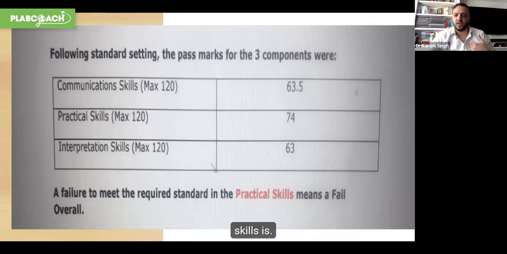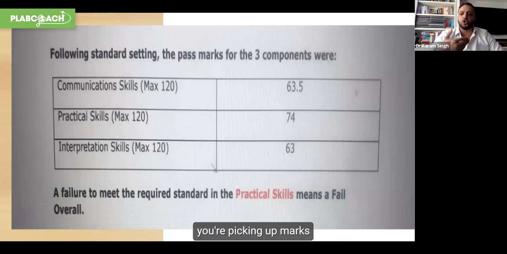And how I look at OSCEs is, you start the exam with 0. When you walk into station number 1, you start with 0. And as you're moving forward between station 1 to 2 to 3 to 12, you're picking up marks as you go along by showing the examiner your skills, whether that's data gathering, examination, practical skills, or communication skills.